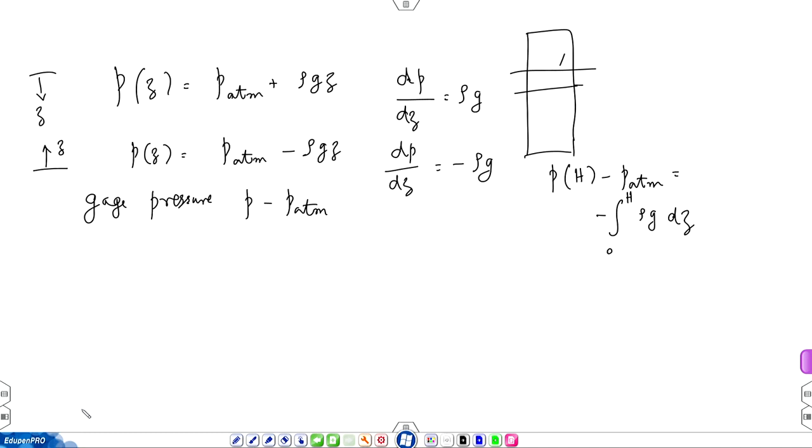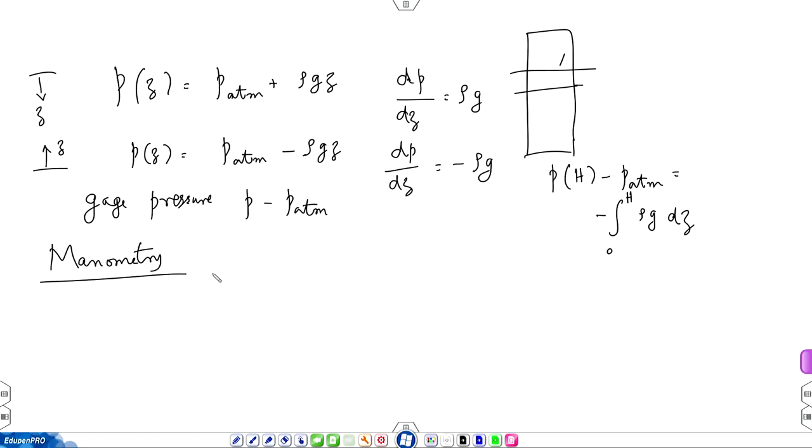We use this idea in many applications. One such application is manometry.